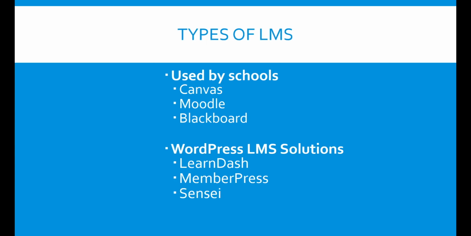So they've been transitioning into both membership and LMS. And then Sensei is a fairly recent plugin that was developed by Automattic, our friends at Automattic, and is also very similar to these other tools.